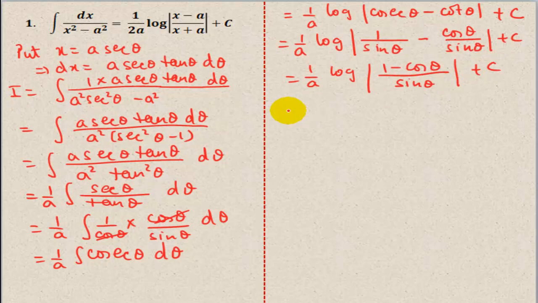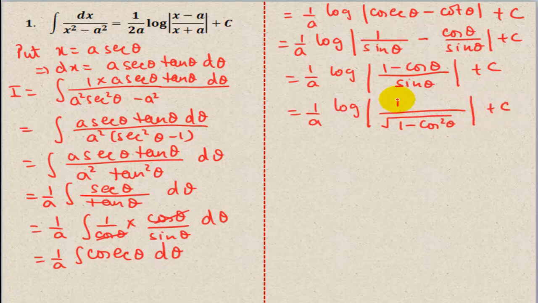Sine theta can be written as square root of 1 minus cos square theta. So converting the denominator into square root of 1 minus cos square theta plus constant, and keeping the numerator as 1 minus cos theta only.